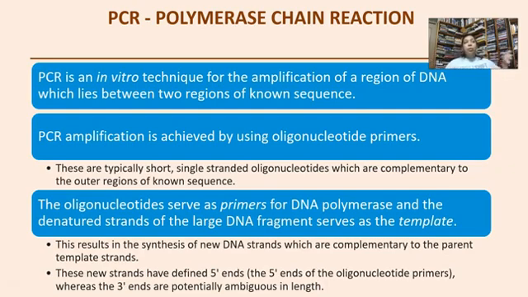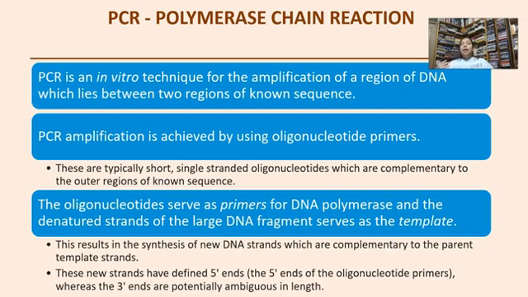Or you can know both sides of it. You know that there is a gene somewhere in this 3000 base pair area, and so you create a primer to the beginning of that portion where you already have that information, and something at the end, and then you copy the region in between.